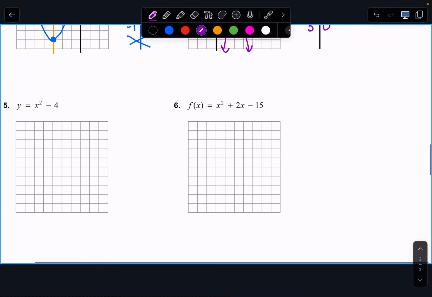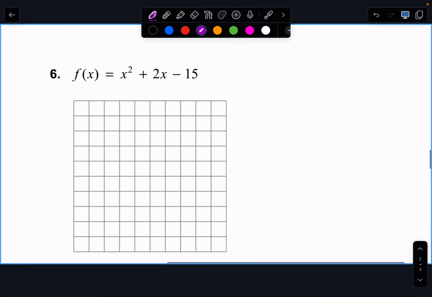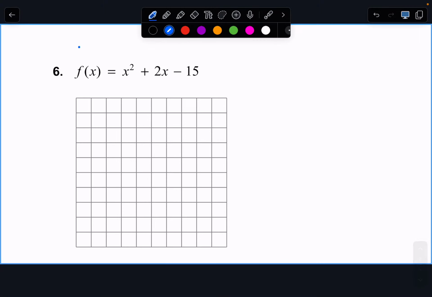Okay. Now, I want to come down here to number 6. If I want to use the intercept method, what are we going to have to do for this one? What are we going to have to do, Joey? We are going to have to factor it. Okay. And luckily for you, I kind of gave you that preview in your warm-up.